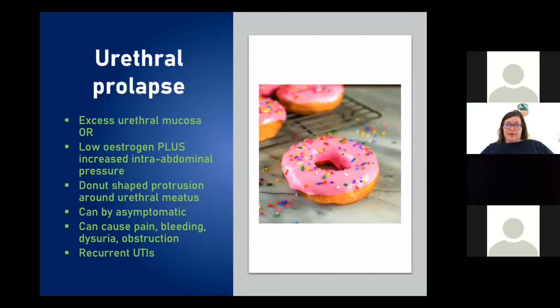Just give them Movicol for constipation, and that should help on its own. Obviously, if you would like to treat it with something else, you can give estrogen cream purely for symptom relief, and some emollient as well to help them pass urine as that becomes uncomfortable, or sitz baths once in a while.